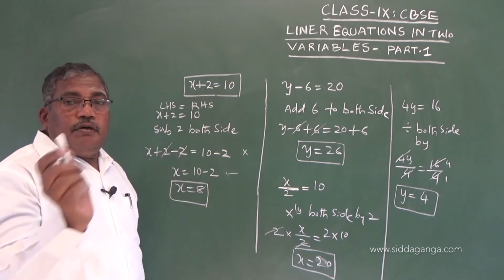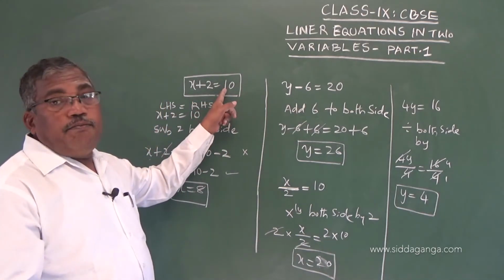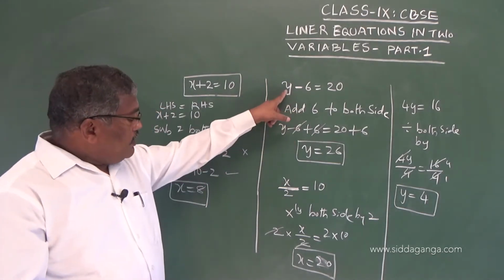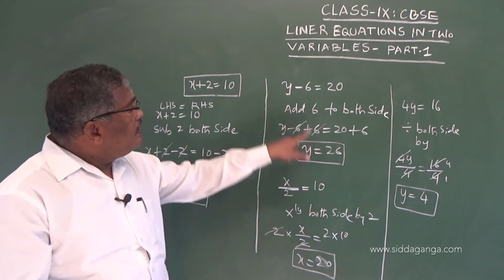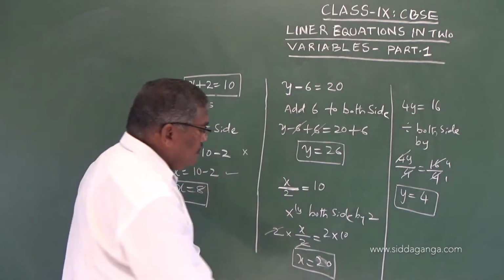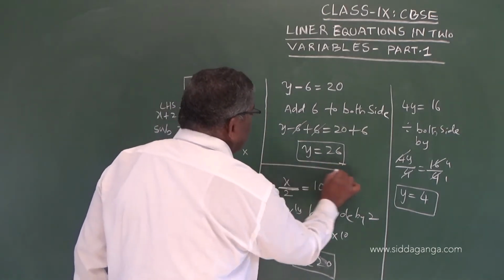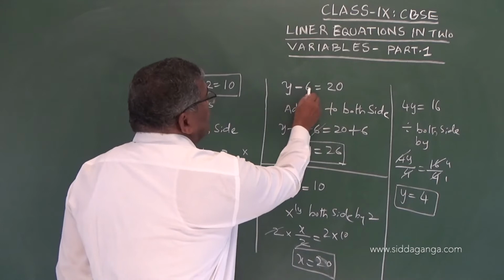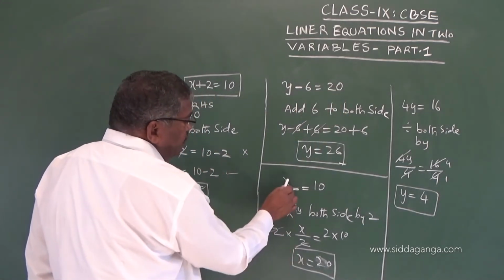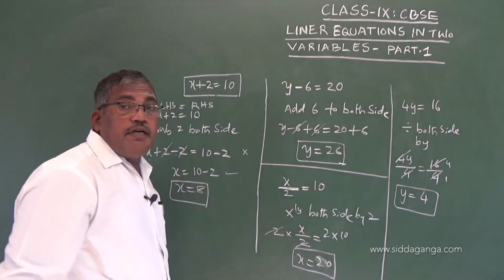So left hand side and right hand side will be the same. Similarly, in the second case, if you put 26 in place of y, 26 minus 6 is 20. And if you put x is equal to 20, 20 divided by 2 equals 10. So left hand side becomes right hand side.